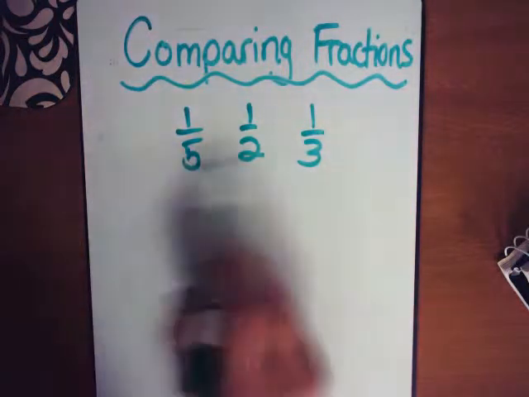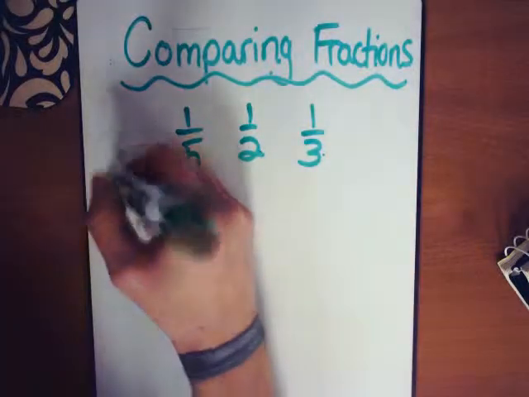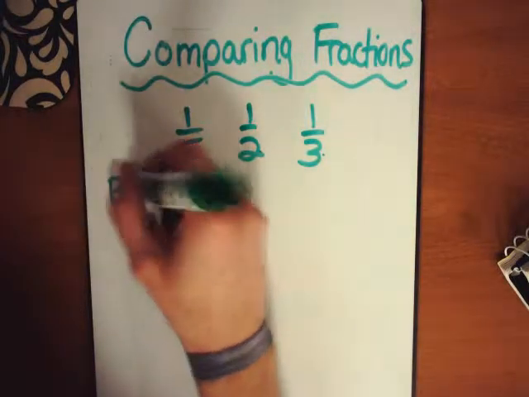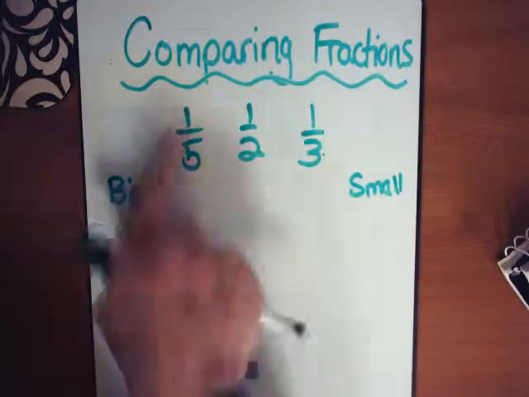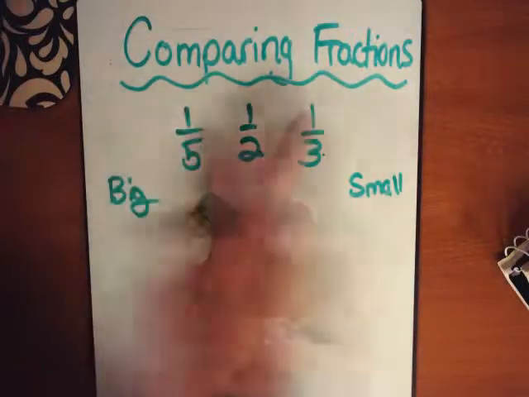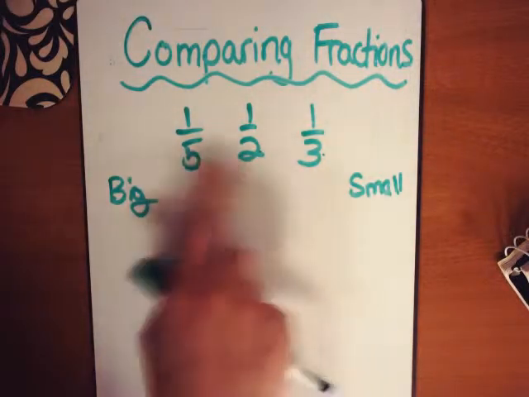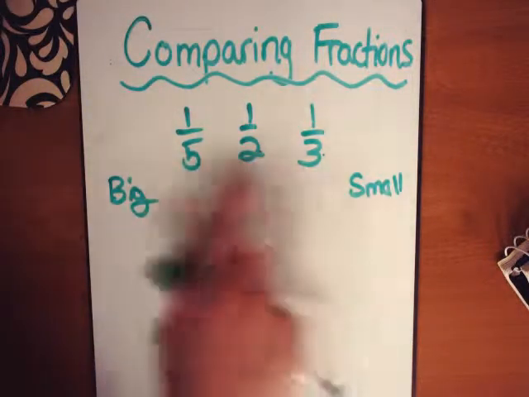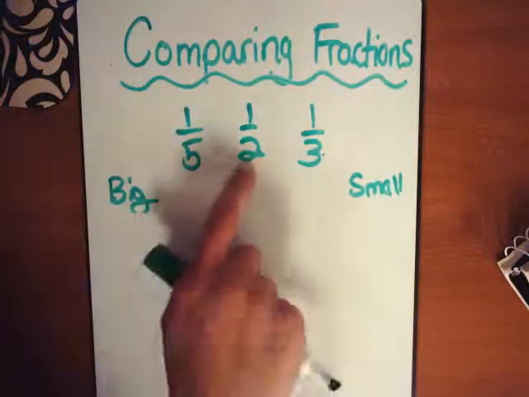So we're going to put these fractions in order from biggest to smallest. Since my numerators are all 1, I'm looking at the size of the piece. The biggest size piece is my half.